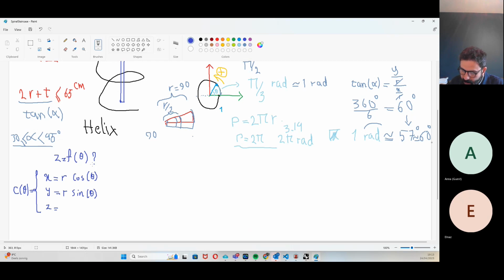Let me see. We want to make sure that after 20 steps we have traveled one floor to floor height, right? Or let's say n steps. So n times some function of theta must be equal to some floor to floor height.